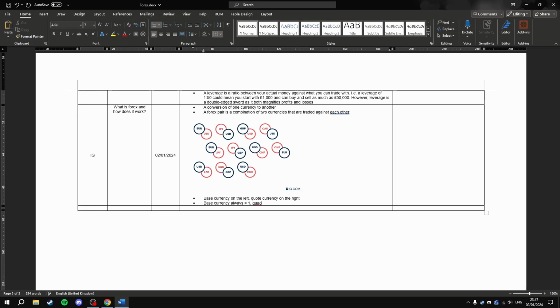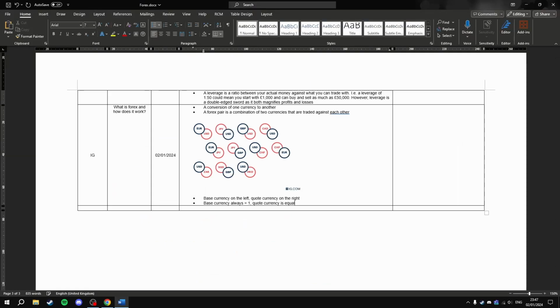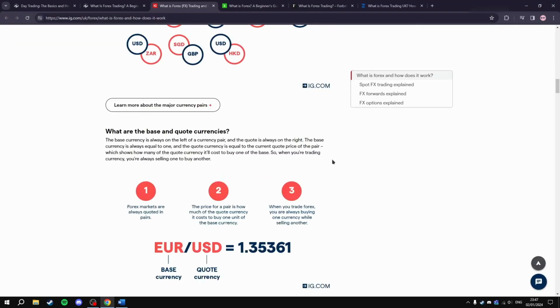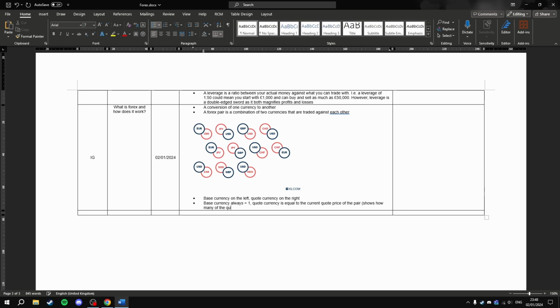Quote currency is equal to the current quote price of the pair, which shows how many of the quote currency is needed to buy one base currency.